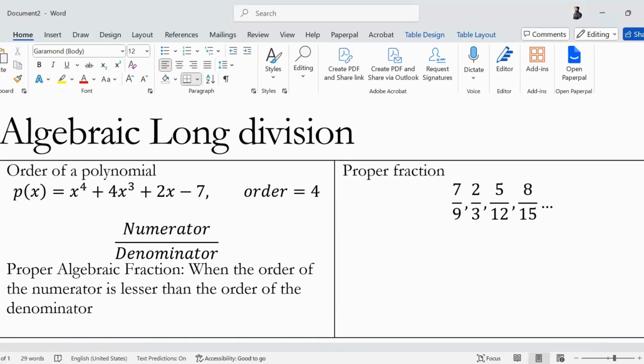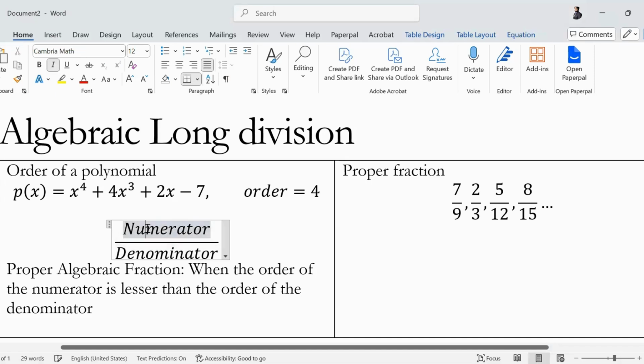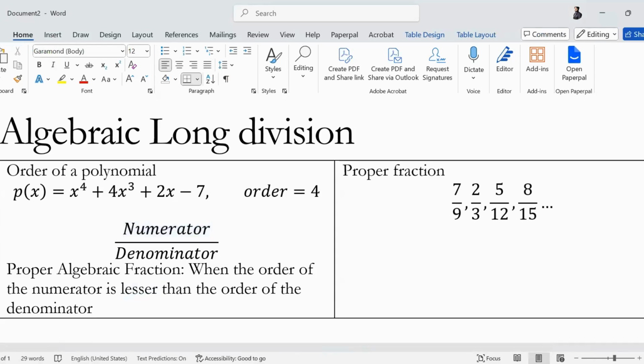Four x cube plus 2x minus 7. So what is a proper algebraic fraction? When the order of the numerator is lesser than the order of the denominator. That means the maximum power in the numerator has to be lesser than the maximum power in the denominator. This is what we call a proper fraction.